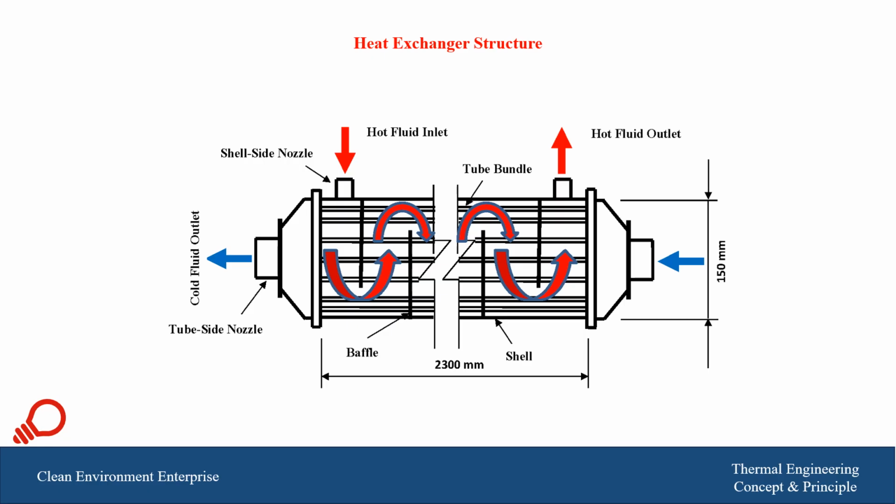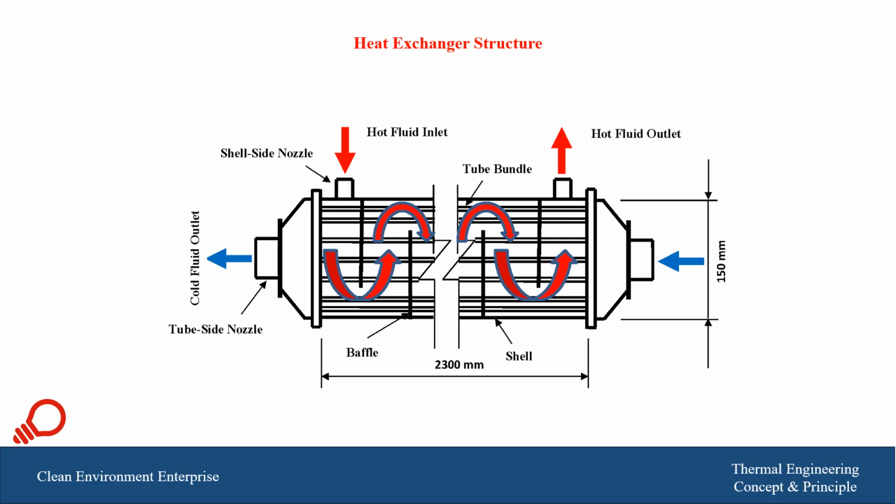And here we can summarize the structure of the heat exchanger, that it is composed of tube sheets, tube bundle, baffles on the shell side. And then we have nozzles for in and out for both of the fluid streams.